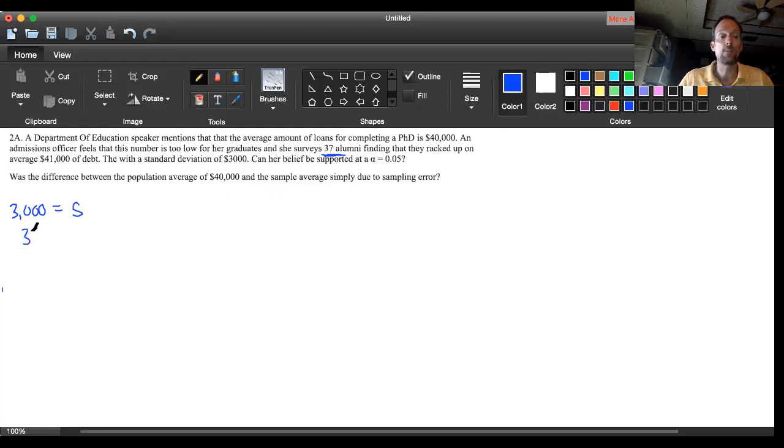So my 37 is going to be my sample size N. And they're also telling me that $41,000 was the average of my sample. I'm going to take that $41,000 and label it my X bar.